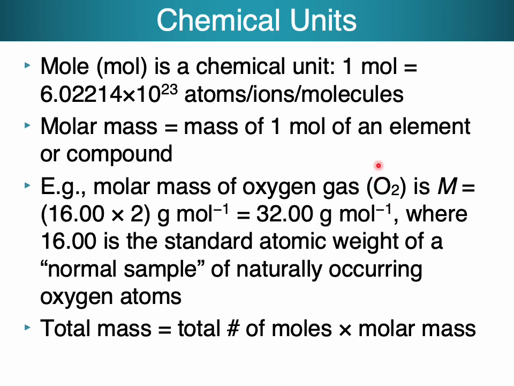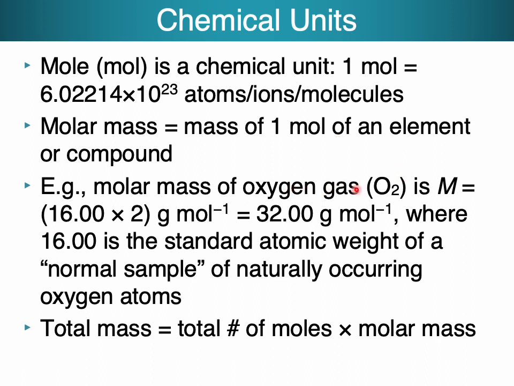And each oxygen atom has a mass number of 16. If you look at the atomic mass of oxygen, each oxygen atom would have a standard atomic weight of 16, which means that each mole of oxygen atoms would have a mass of 16 grams.